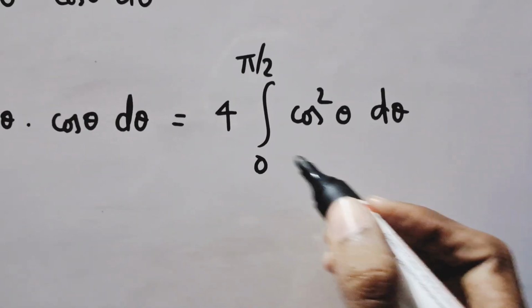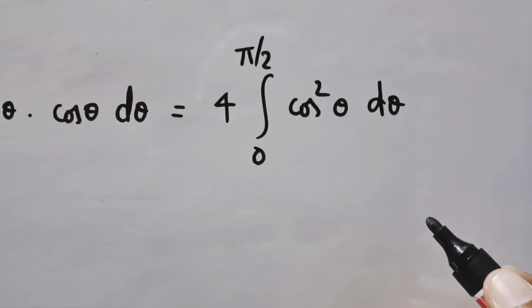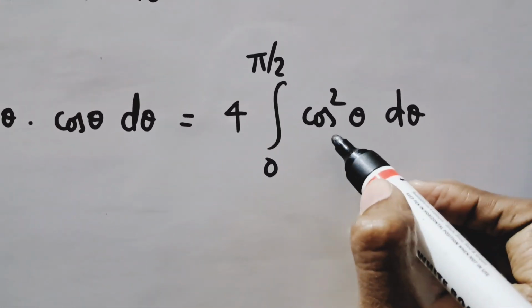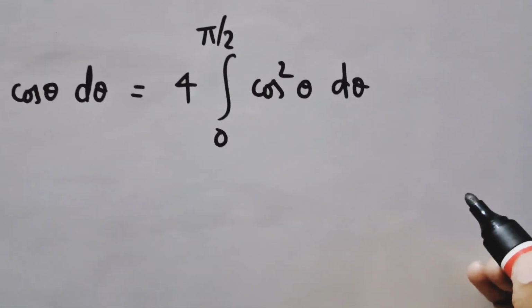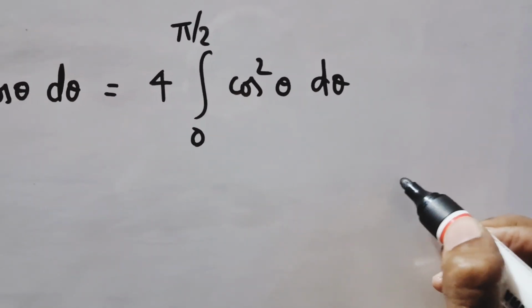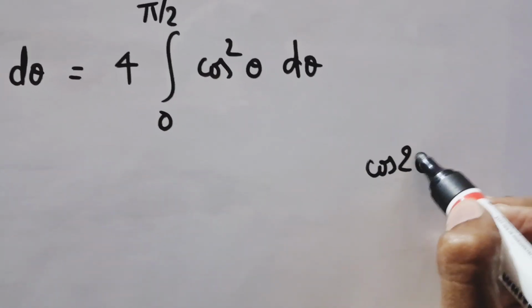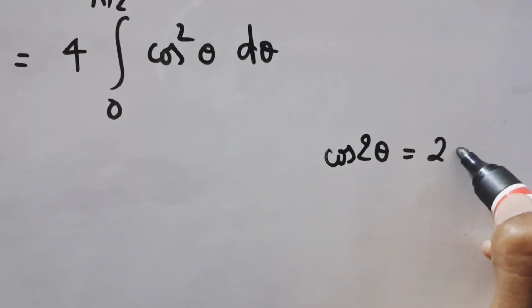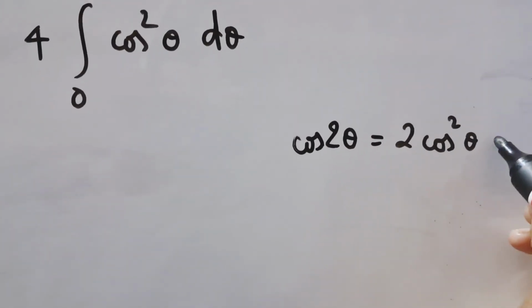Now how to integrate this simple integration? We have to use the formula of cos square theta. We know that cos 2 theta is 2 cos square theta minus 1.